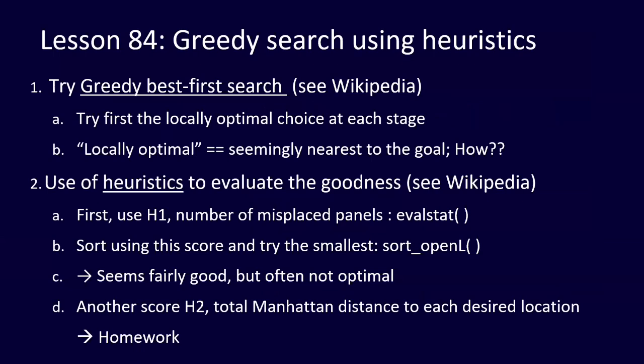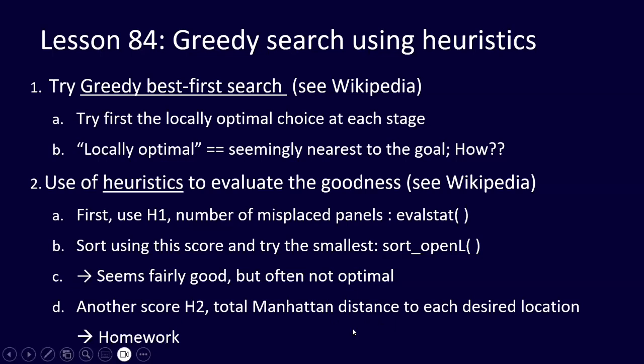But actually, it was not very good. It's not optimal. It gives some suboptimal answers. So the homework was to try another estimation, which is the total Manhattan distance to each desired location.